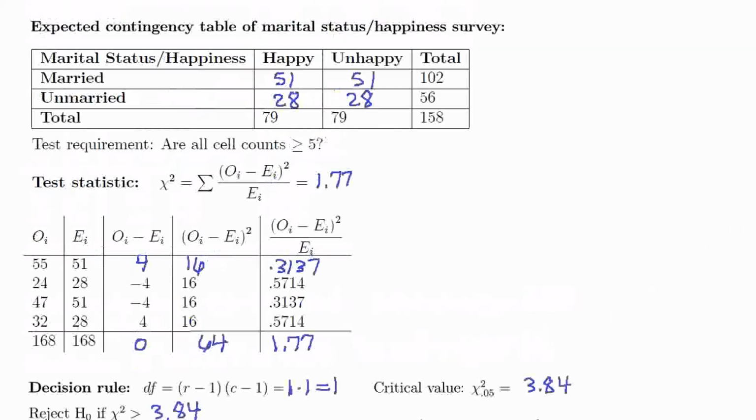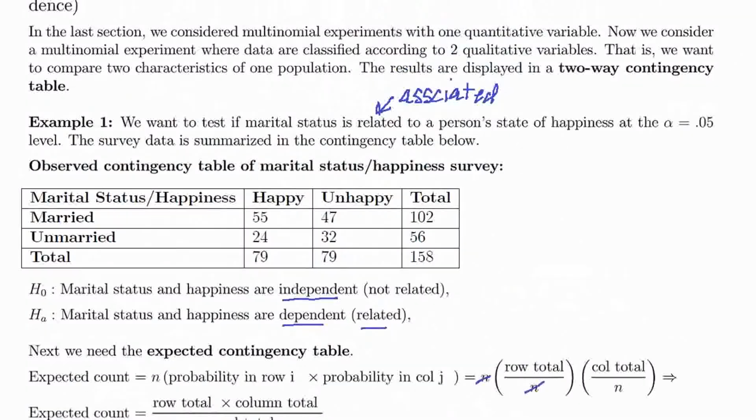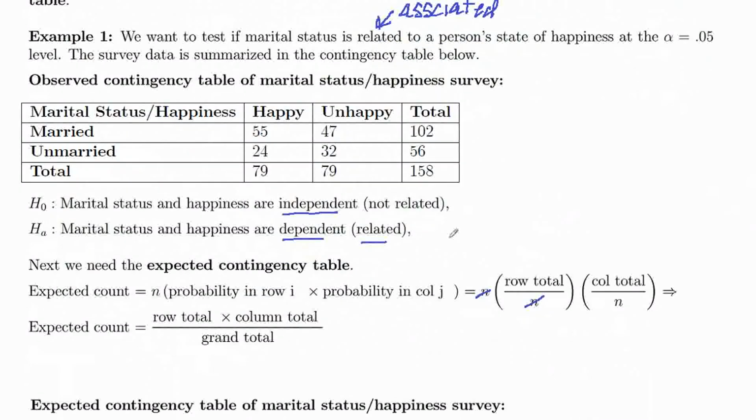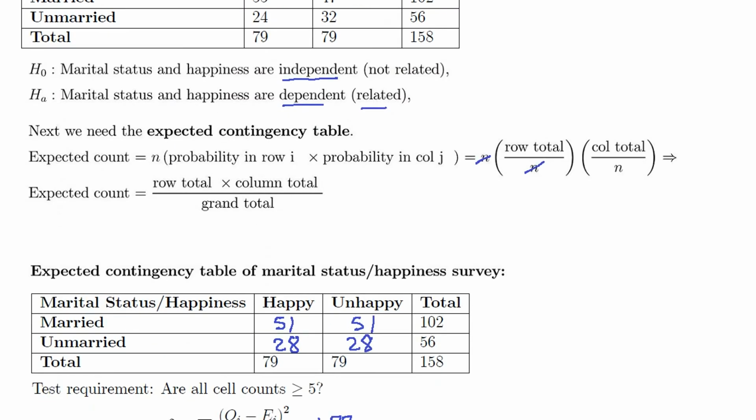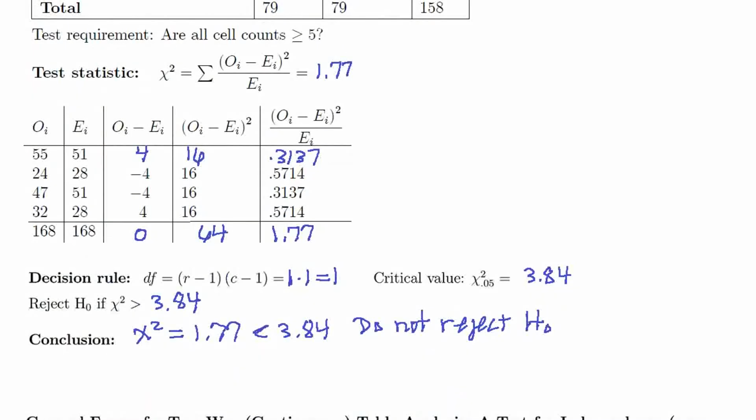So remember, H0 was that marital status and happiness are independent, and marital status and happiness dependent was HA. So we cannot conclude HA, not sufficient evidence to conclude that they're dependent.